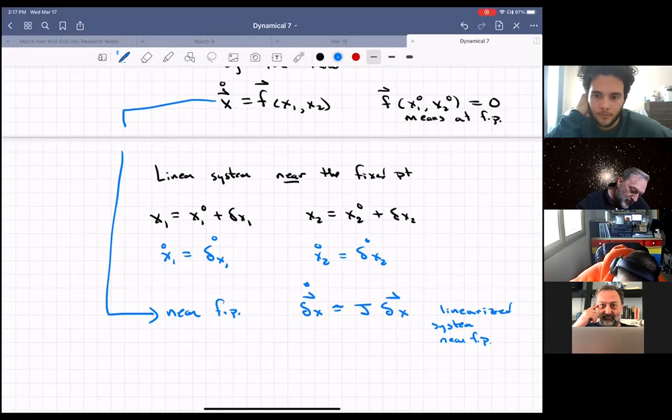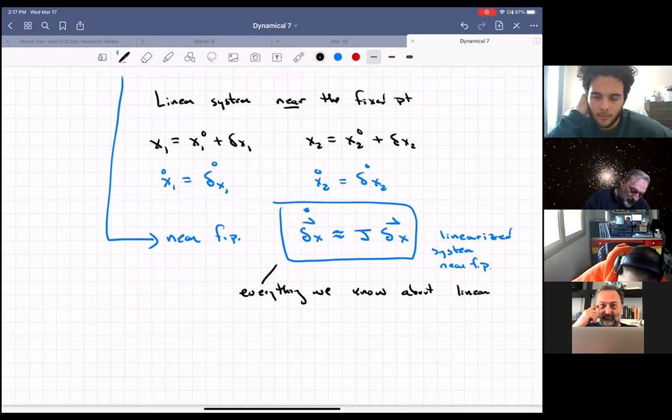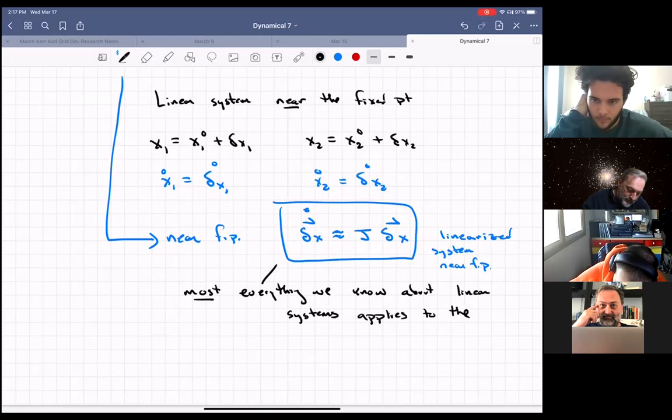So I'll put maybe an approximately equal here. And so now everything we know about linear, well, most everything, is to the nonlinear system.